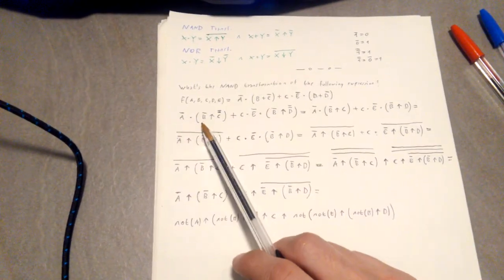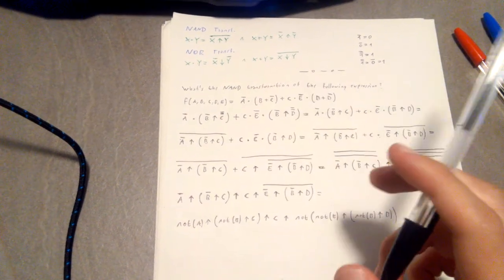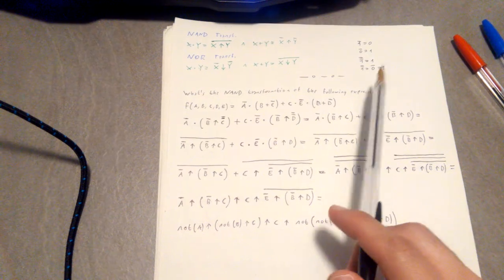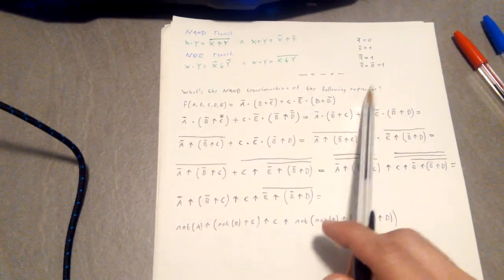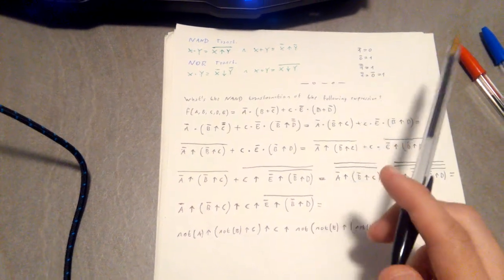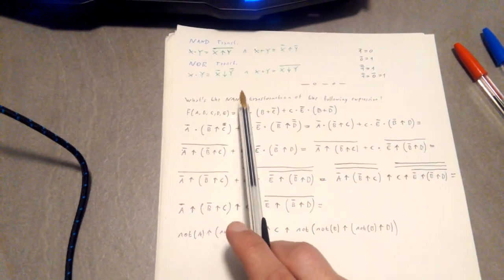So instead of using different types of gates, we actually got the exact same expression with the exact same circuit doing the exact same thing, only with NAND gates.